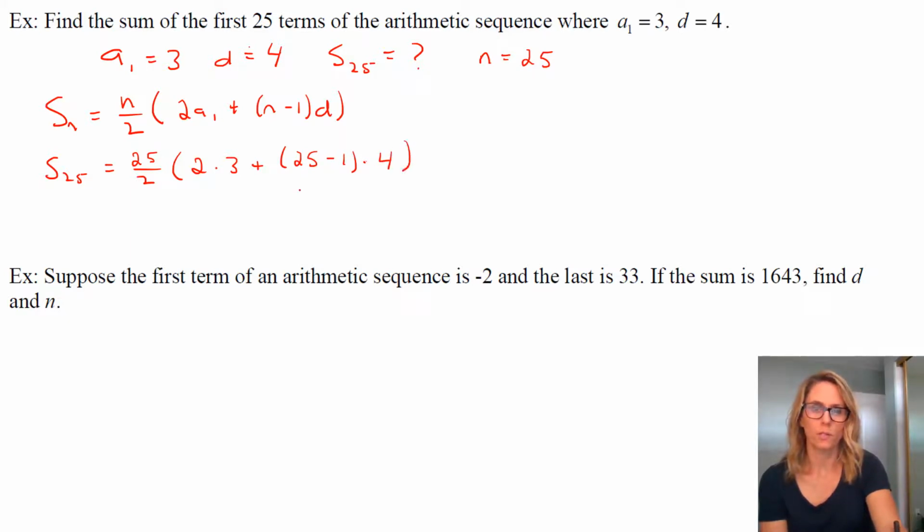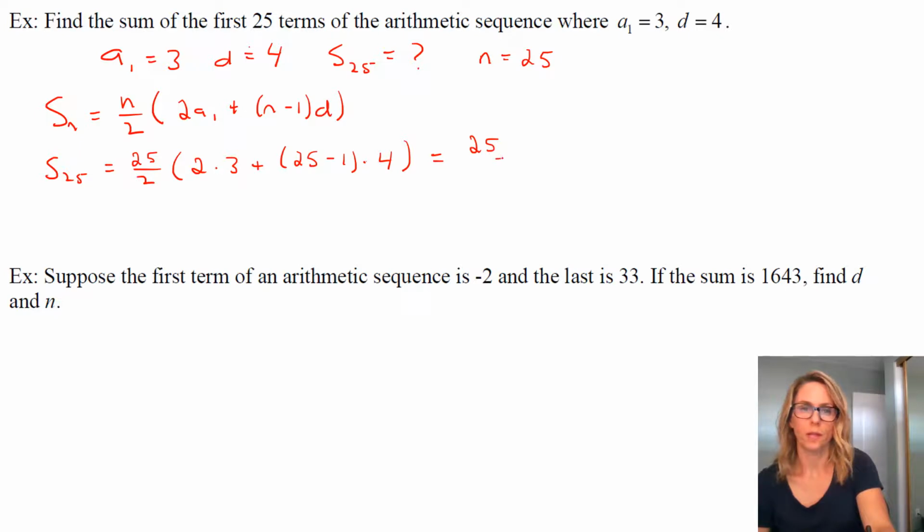So as you can see, we just have a bunch of numbers here that we need to simplify. If you want, you're welcome to pause, see if you can simplify everything there together. So we have 6 plus 24 times 4.